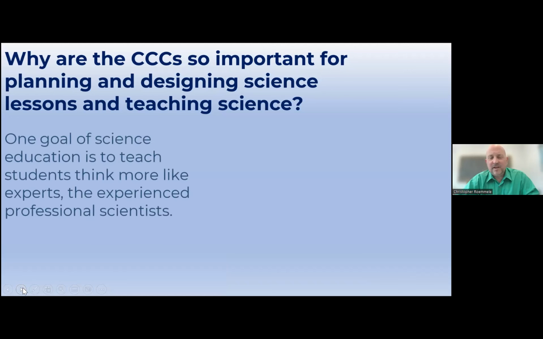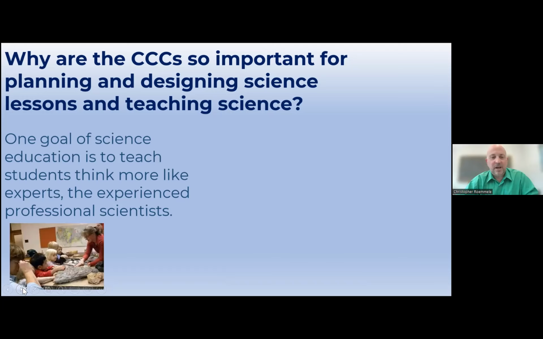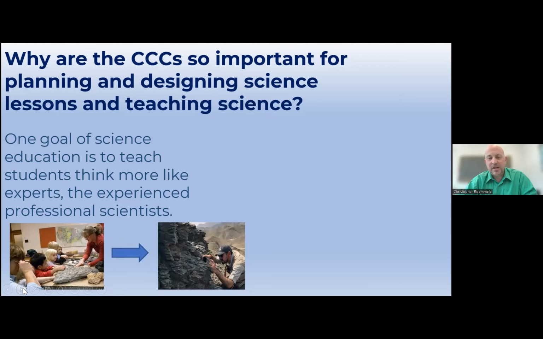One of the goals in science education is to help our students to think more like experts, experienced professional working scientists, and to bring them out of that novice level where they may be thinking very topically and in the moment, superficially, about scientific concepts, and to bring them to that higher level and to think like professionals do, or at least simulate those practices and the critical thinking that professional scientists may do.